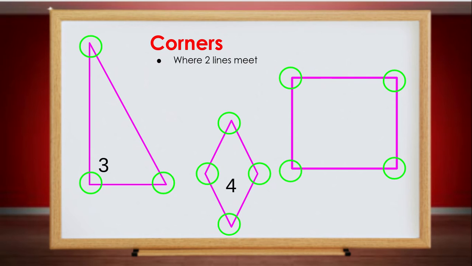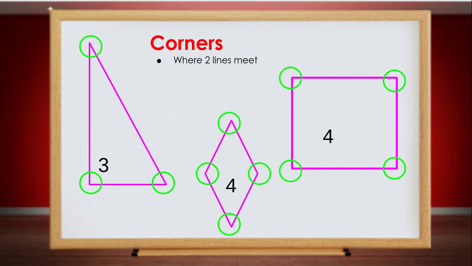Our middle one has four, and our right one has four. So if I wanted to talk about sorting based on corners, the middle one and the right one are similar because both of them have four corners, while the one on the left has only three.